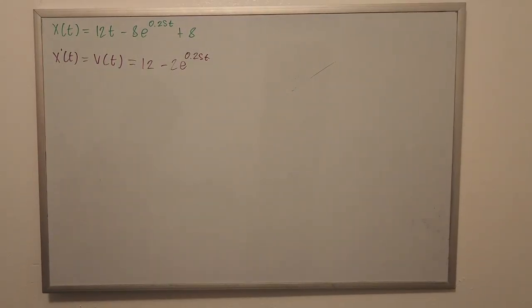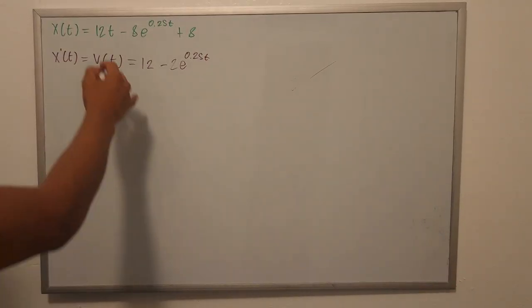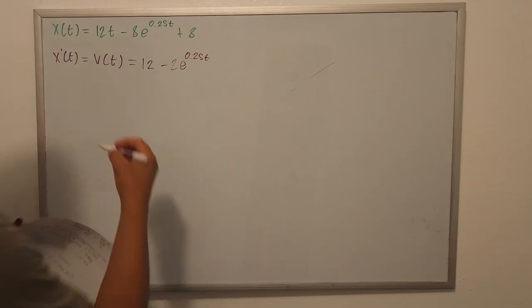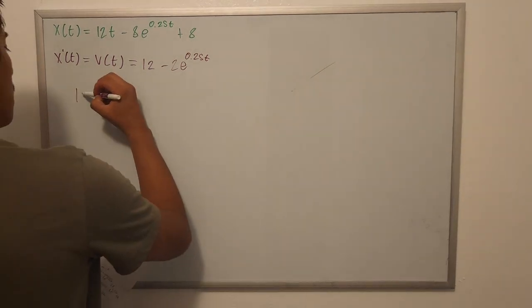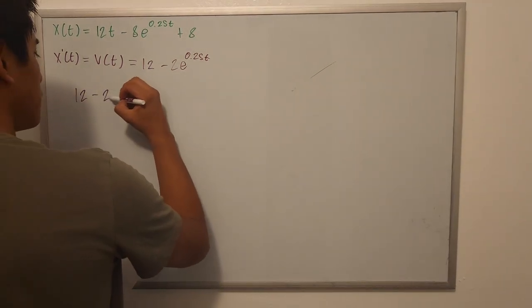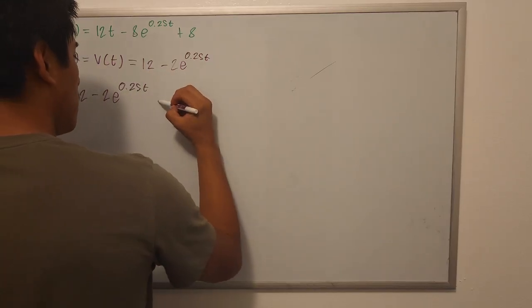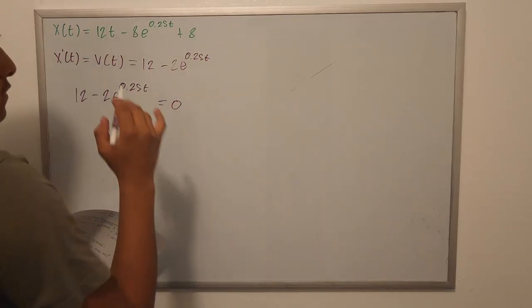So the first thing we want to do is set this equation equal to 0. So that's going to be 12 minus 2e to the 0.25t equals 0, and we want to solve for t.